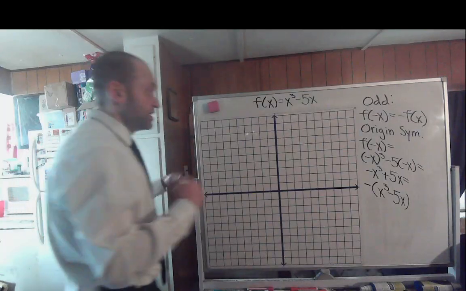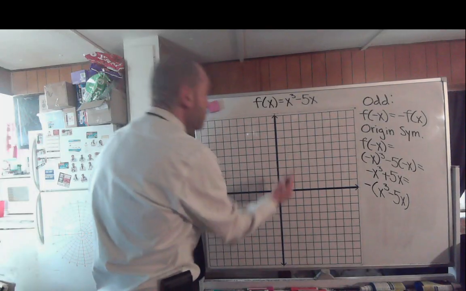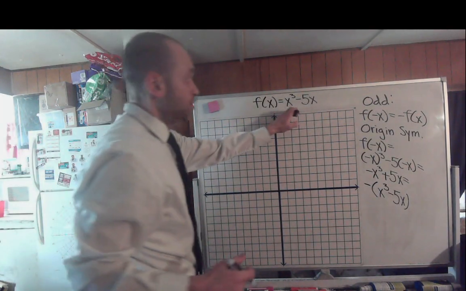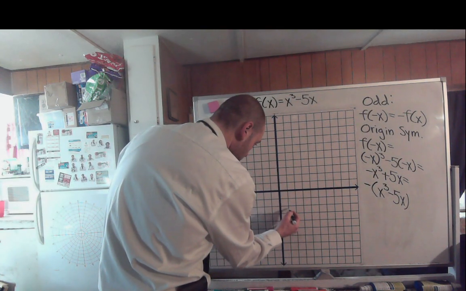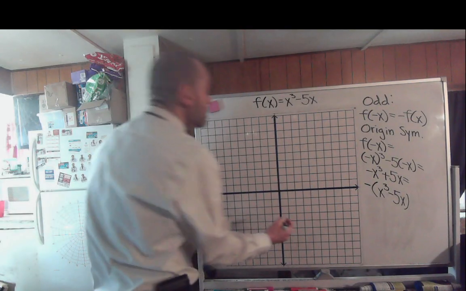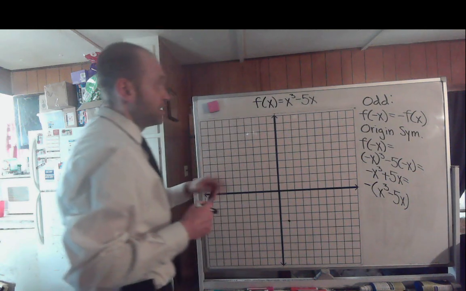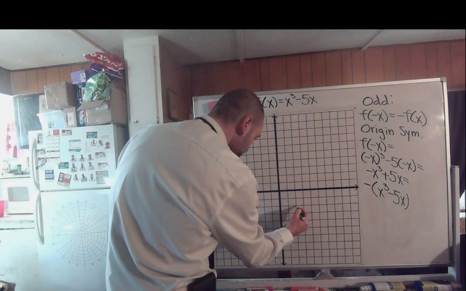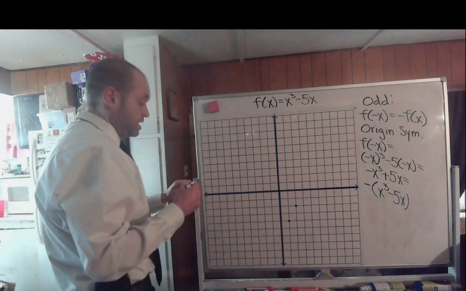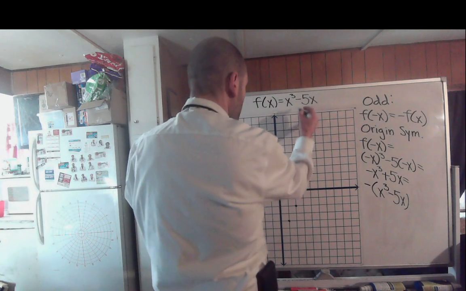Now let's graph this. At 0, I'll get 0. At 1, I would end up getting 1 minus 5, which is negative 4. At 2, I would get 8 minus 10, which is negative 2. At 3, I would get 27 minus 15, which would be all the way up to 12.